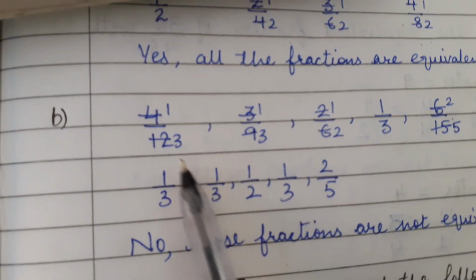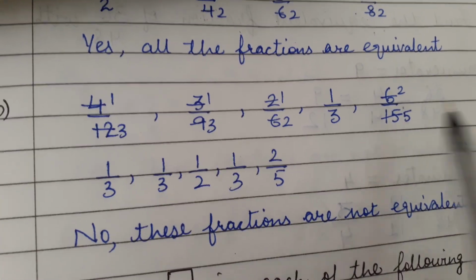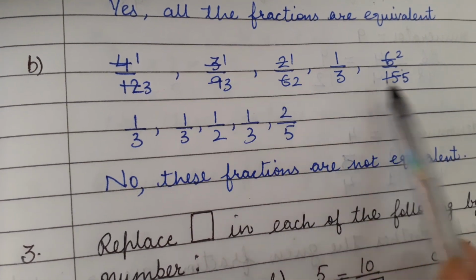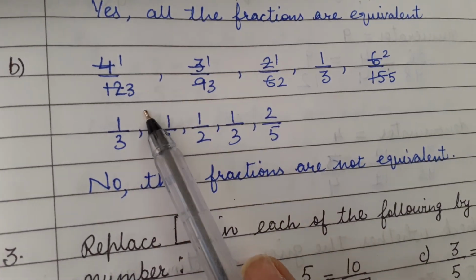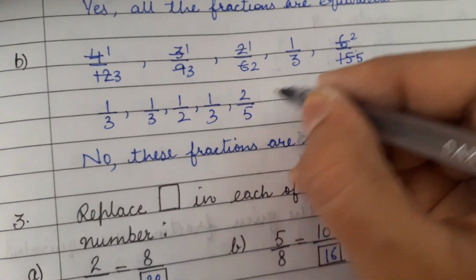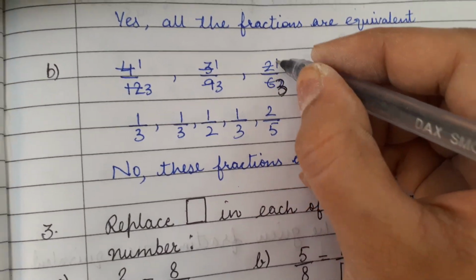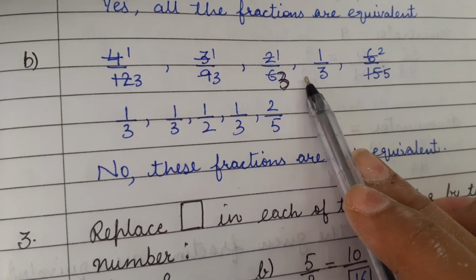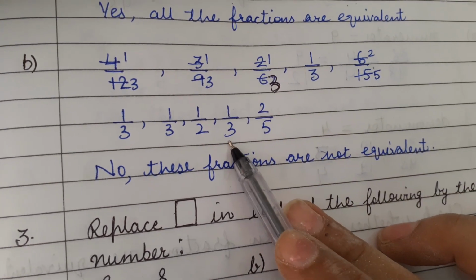So the fractions are these. I have reduced them; you have to reduce the fractions. I got 1 by 3 here, 1 by 3. Here again 1 by 3. 2 ones are 2, 2 threes are 6, 1 by 3. I can't reduce it, I can write it as it is.